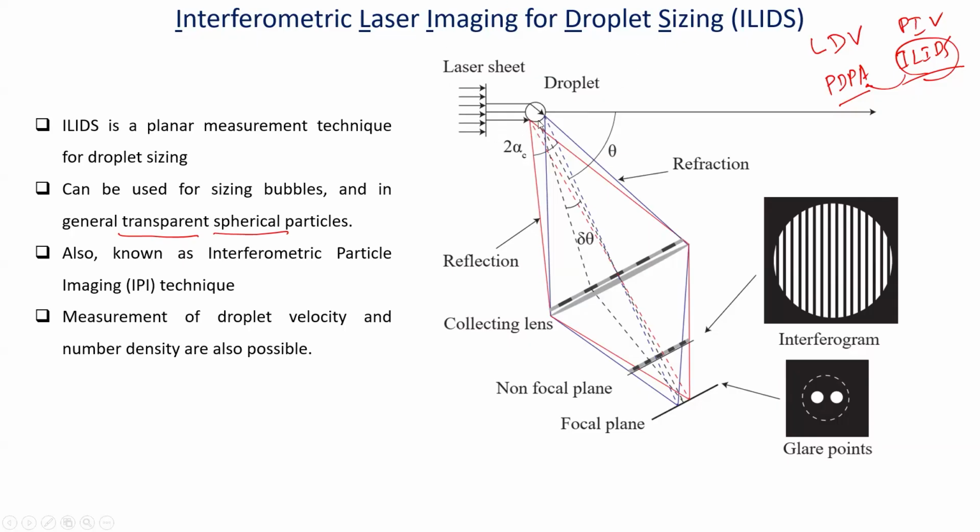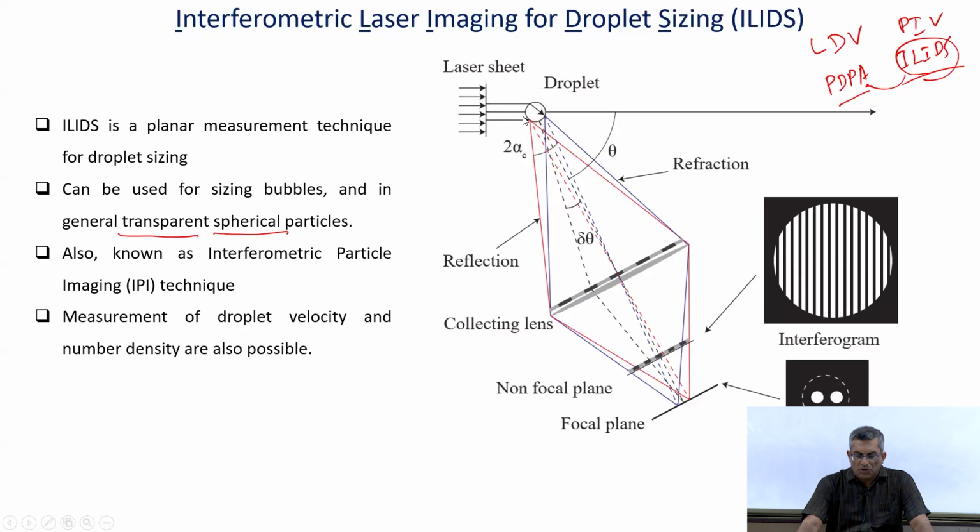This point corresponds to the point of reflection and this is the point of refraction, or first order refraction. And when you image this using a collecting lens and focus the image of the droplet, you actually see this.